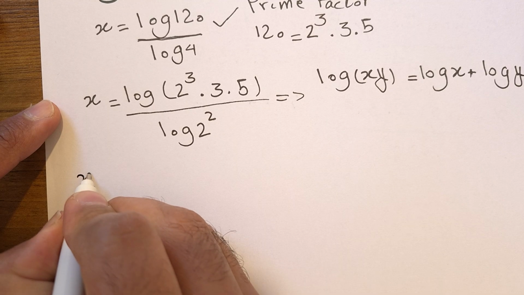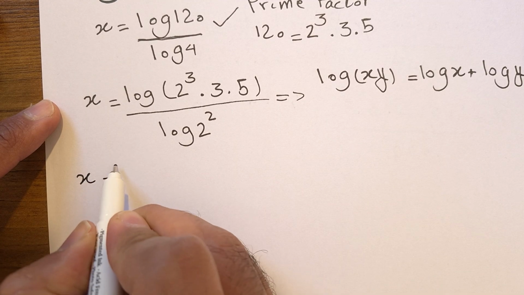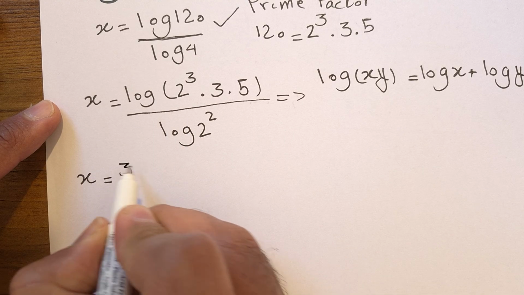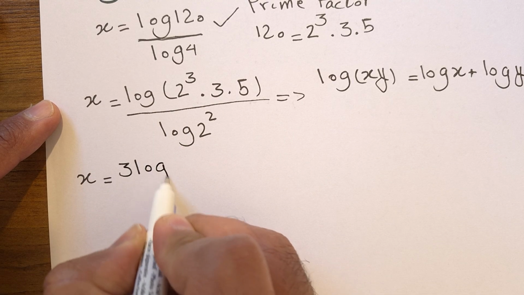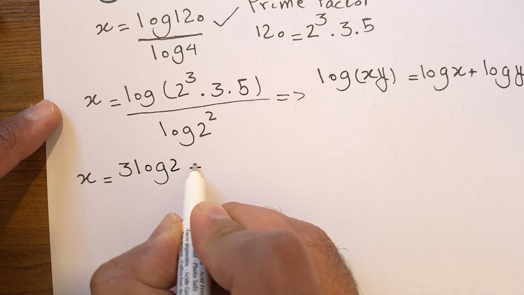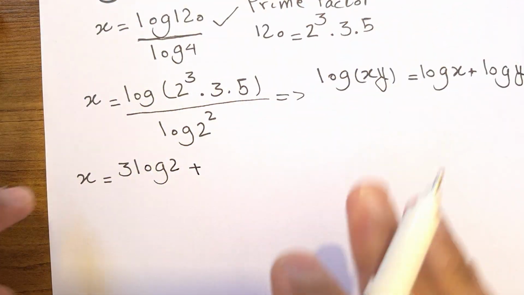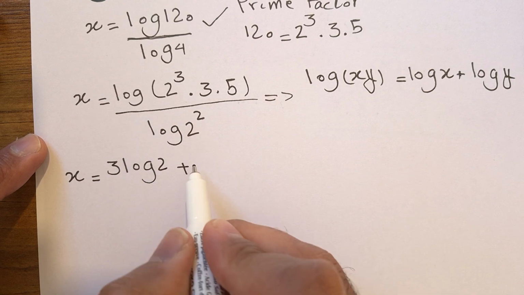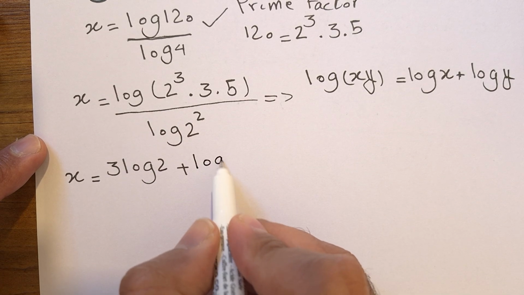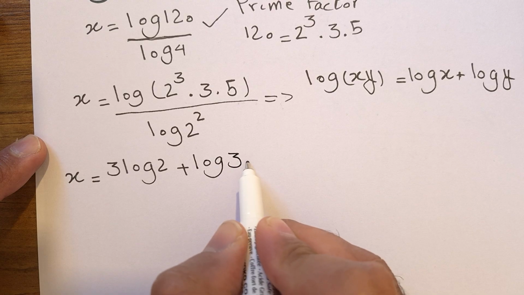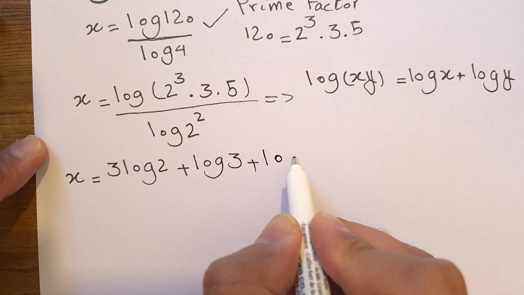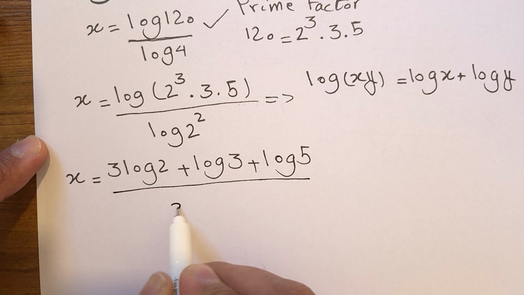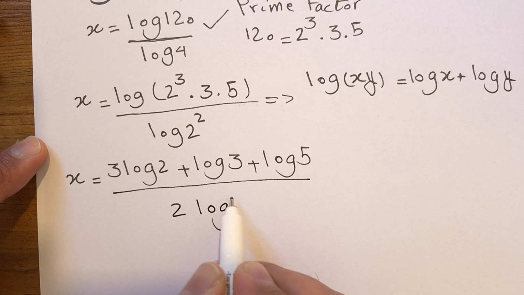So x equals 3 log 2 plus, so we can just separate and expand the exponents based on the product rule, 3 log 2 plus log 3 plus log 5 over 2 log 2.